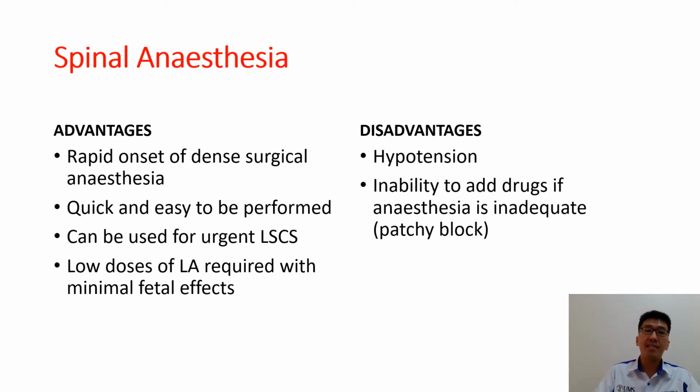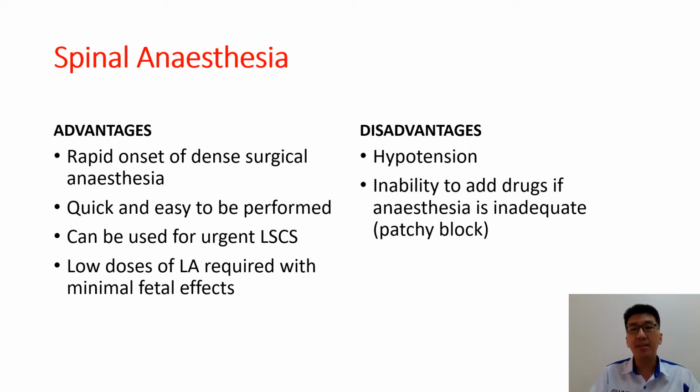In spinal anesthesia, the advantages are that rapid onset of dense surgical anesthesia can be produced. It is quick and easy to perform, and it can be used for urgent lower segment cesarean section mothers. This will require lower doses of LA, okay, with minimal fetal effects.